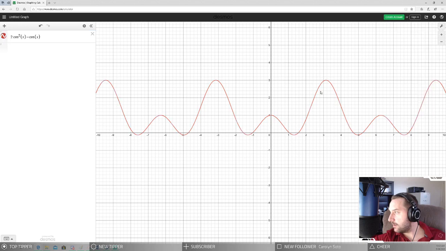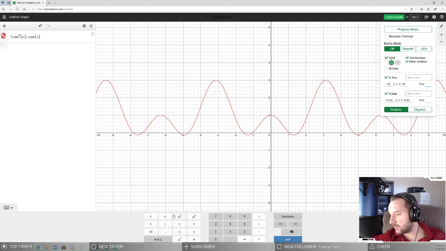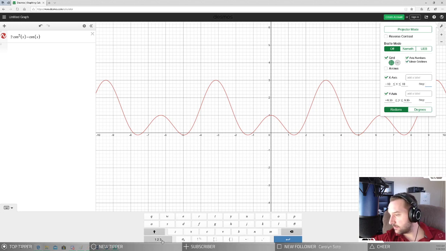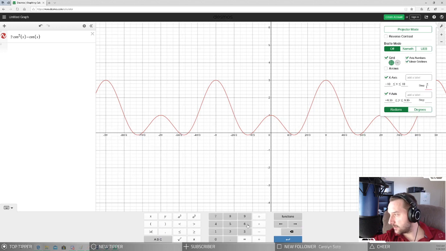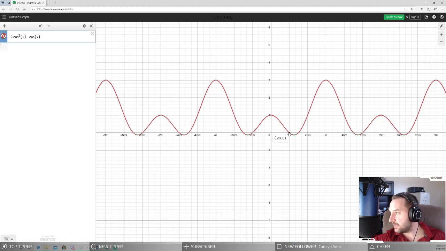Good. The other thing I'm going to do is make every step along the x-axis a pi over 6. There we go. That's a little easier, so we can see there's our pi thirds, there's our pi halves, et cetera.